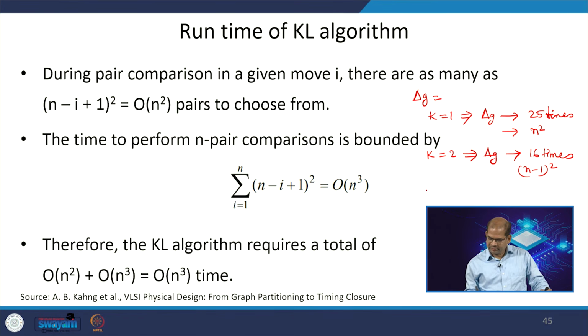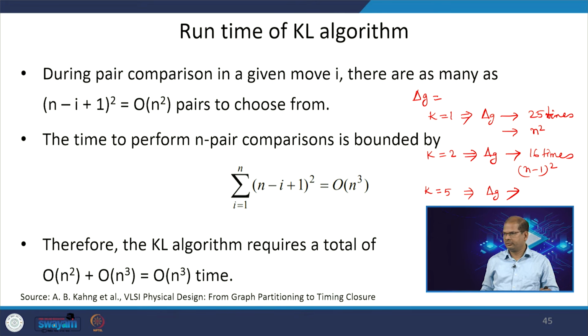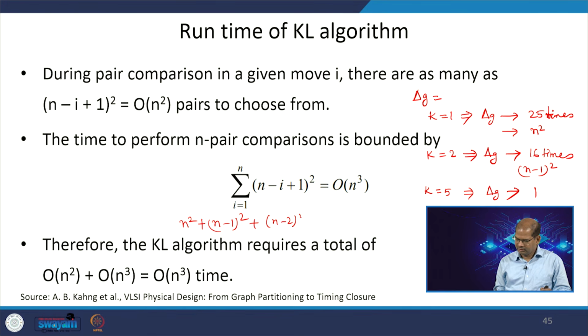How long should it run? It should run till delta g is evaluated 1 time. So, the total number of times delta g is evaluated is n square plus n minus 1 square, n minus 2 square, dot dot dot, 1.